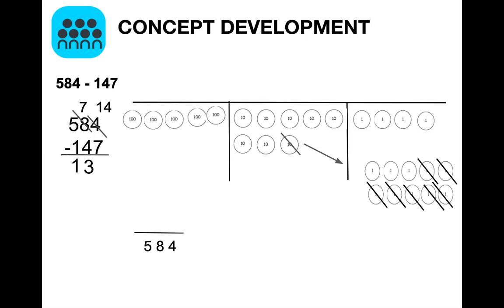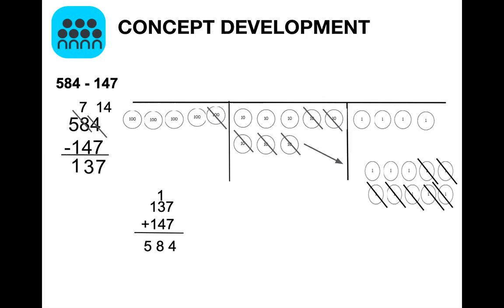So let's see what we are left with. Ms. Thompson, you can go ahead and click through. Amazing, 137. In order to check our work, because good mathematicians always check their work, we're going to add back 137 because that was our answer, plus 147. Because remember, part, part, whole, and our whole absolutely does give us 584.